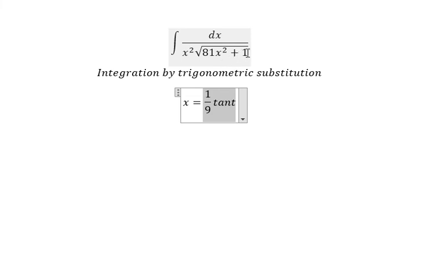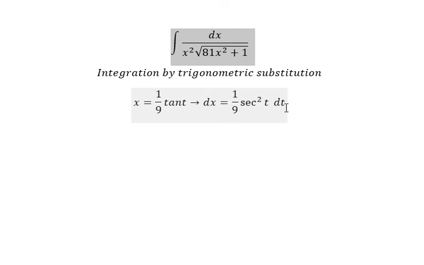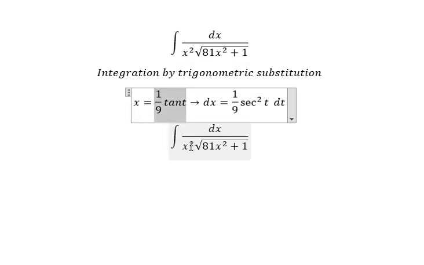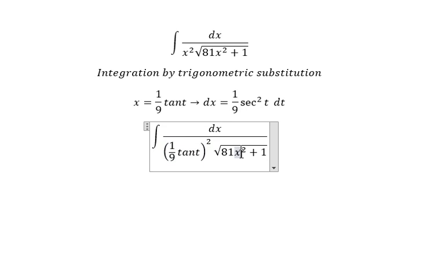Tan squared t plus 1 changes to secant squared t, and later we simplify with the square root. The dx is 1 over 9 secant squared t dt. So I will put this in here and here.